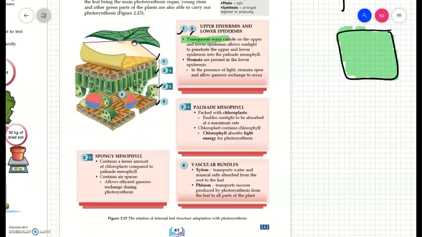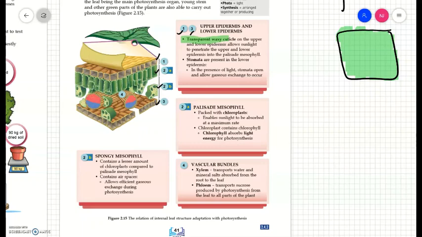Boleh faham tak apa yang teacher mau explain? Maksudnya, whenever you write your answer, it already gives you the information about the condition of the upper and lower epidermis. Macam tu.